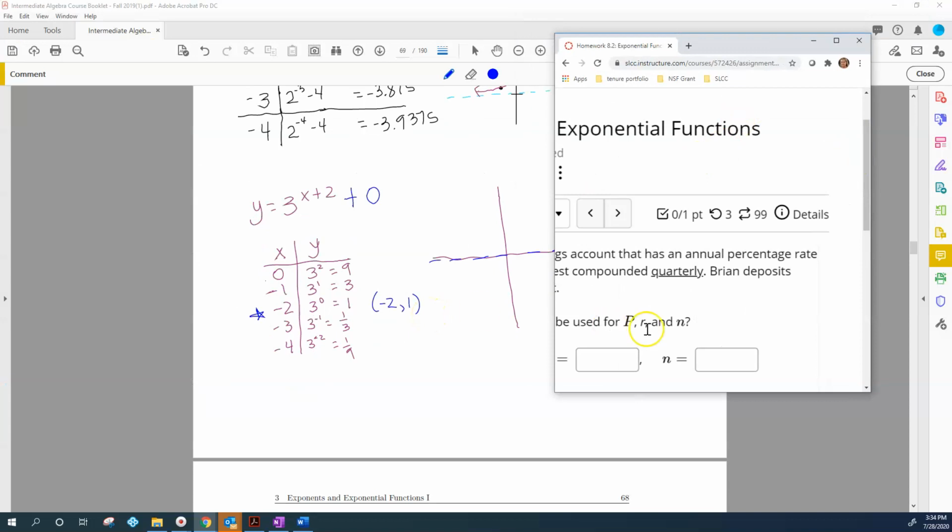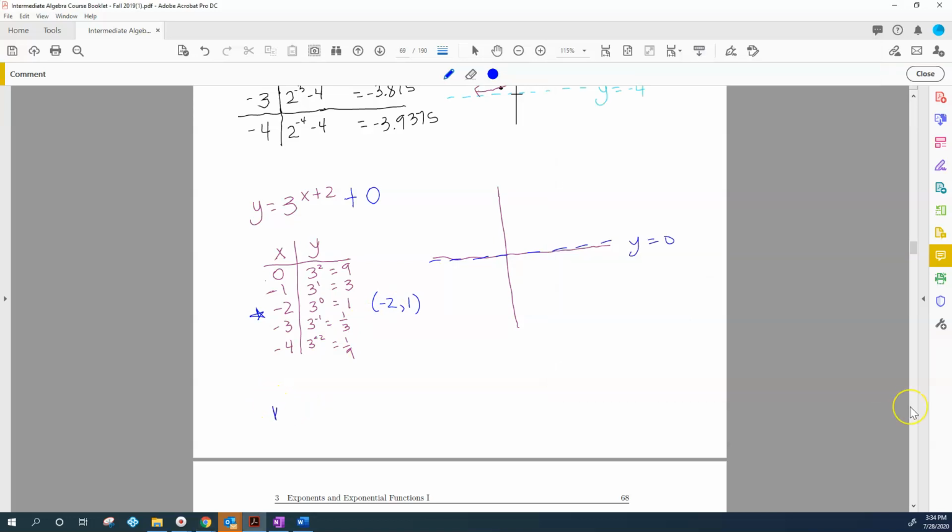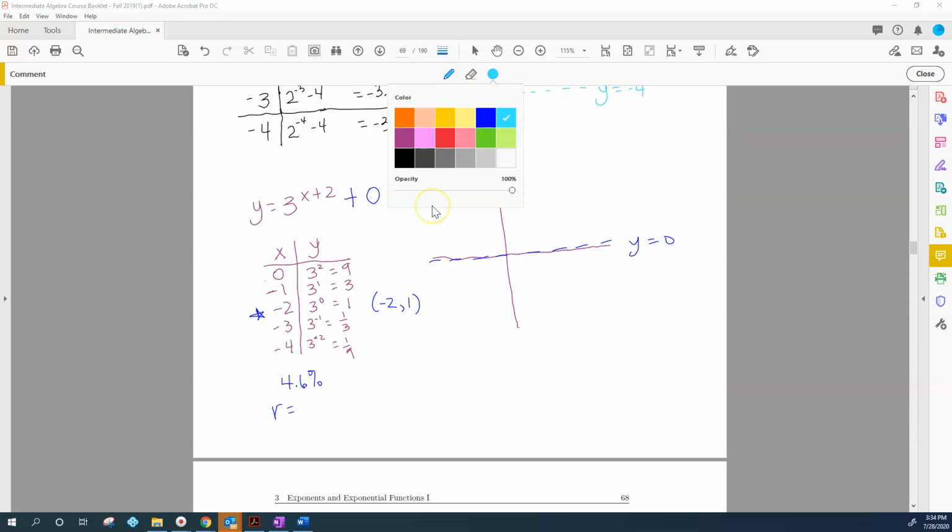So when we're trying to figure out that R, and it tells us it's 4.6% annually, we've got to move that decimal point, always 2 places. So it's going to be 0.046. That's what it would be annually, but since we are doing it 4 times a year, we're going to divide by 4.